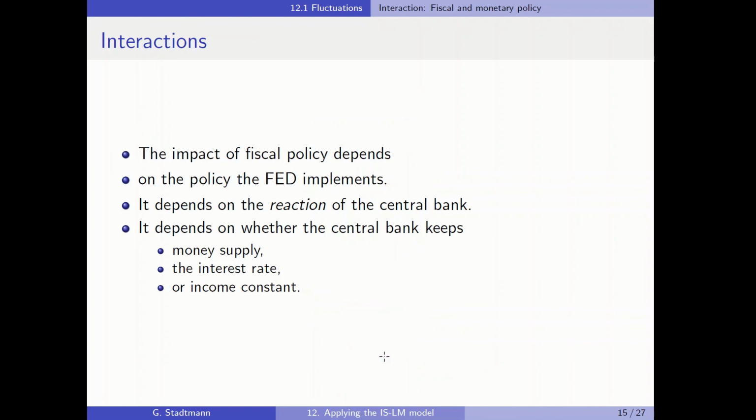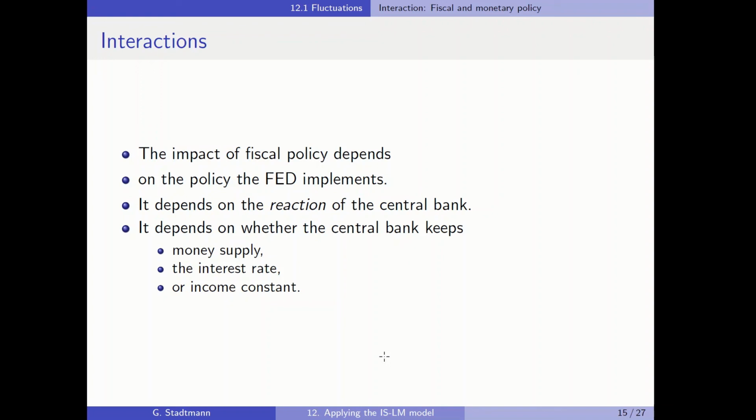From this graph, we can derive the insight that the impact of a fiscal policy also depends on the policy implemented by the Federal Reserve, by the central bank. It depends very much on the reaction of the central bank. So whether a fiscal policy affects GDP, yes or no, and how much, depends on the reaction of the central bank.